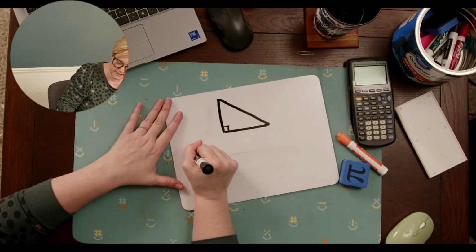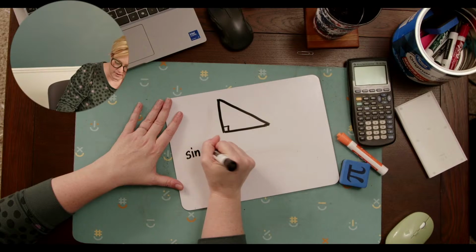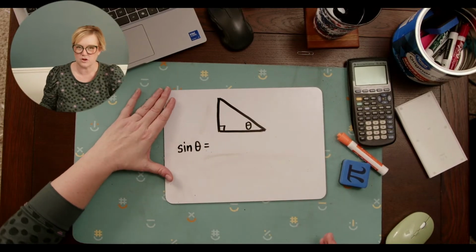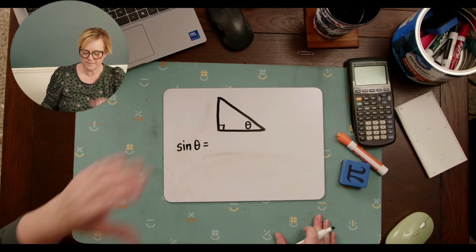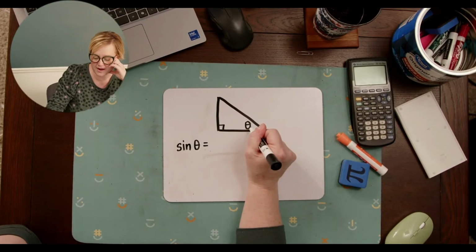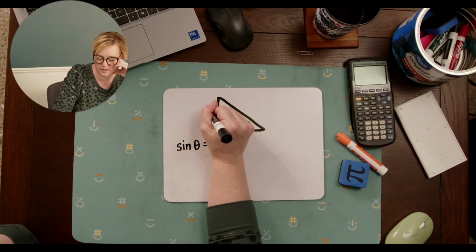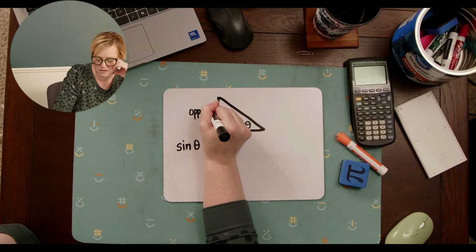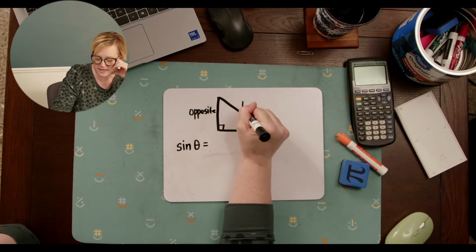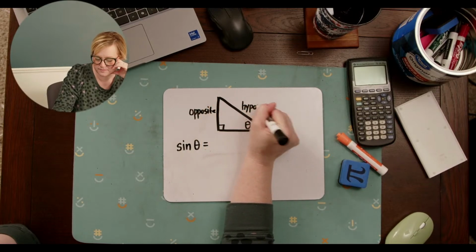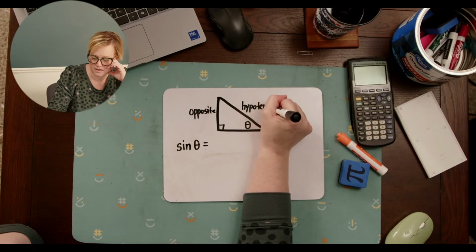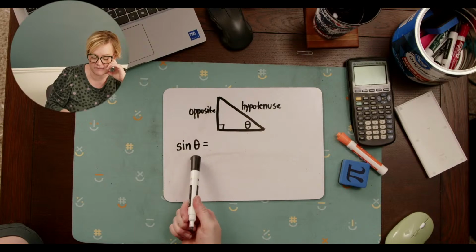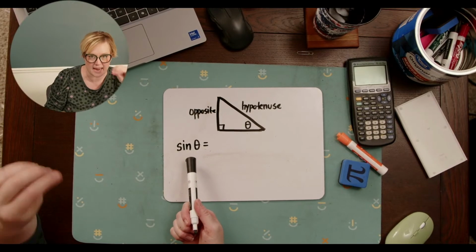So it is sine. Okay? Let's say this little circle with the line through it is called theta. Okay? So sine of theta is the relationship between this side, which is called the opposite, and this side, which is the hypotenuse. Okay. So the sine of any angle is always going to be the same ratio.